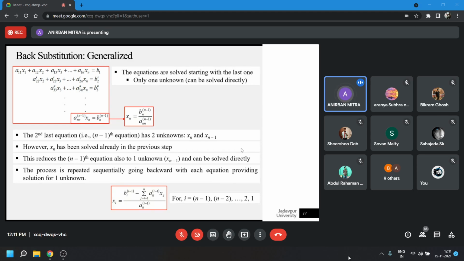So that is why it is called back substitution. And the generalized expression that you need to implement in your programs is given here.